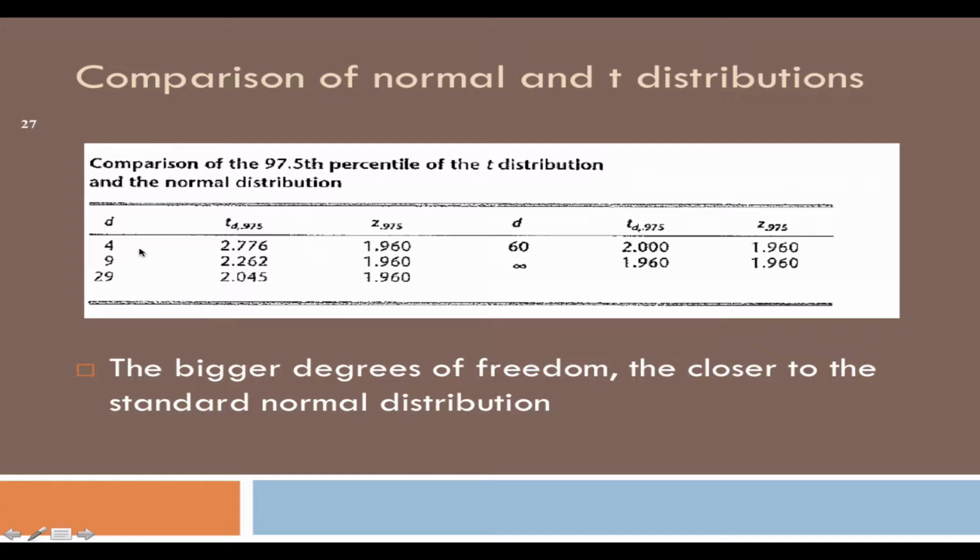So with the degrees of freedom increasing, this quantile approximately approaches the quantile from the normal distribution. If degrees of freedom equals 60, it is 2, which is very close to 1.96. And if you have infinite degrees of freedom, it's actually 1.96.